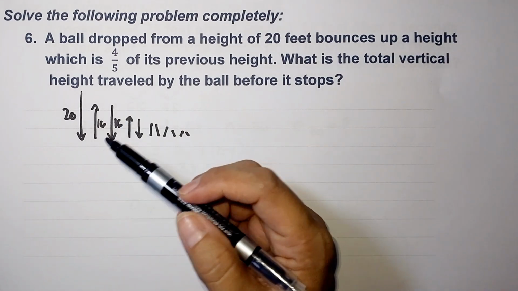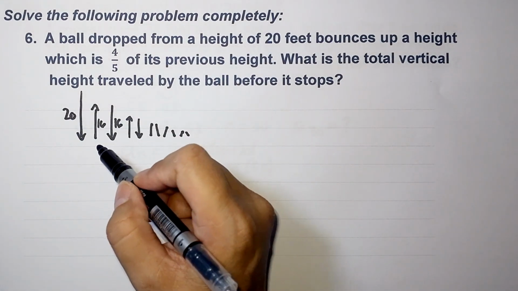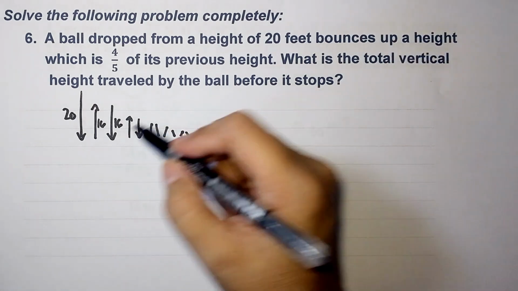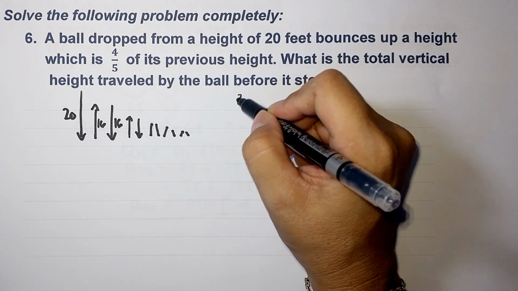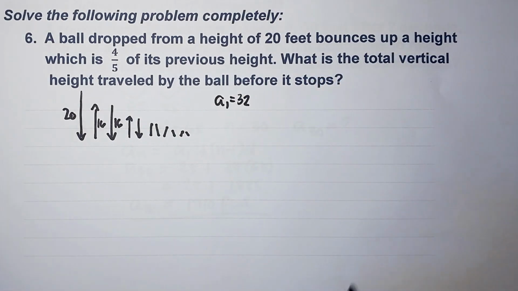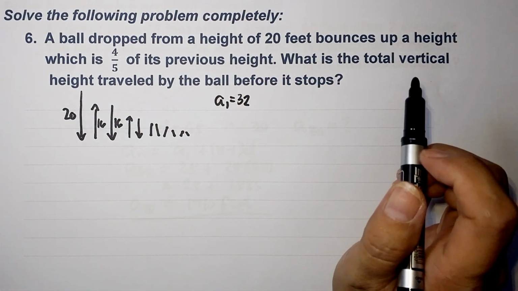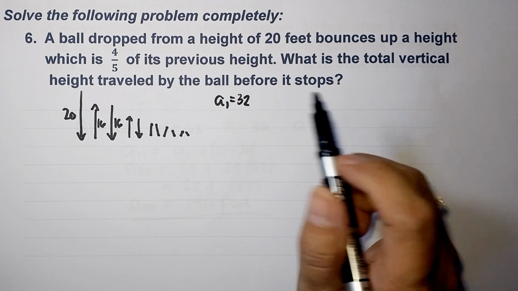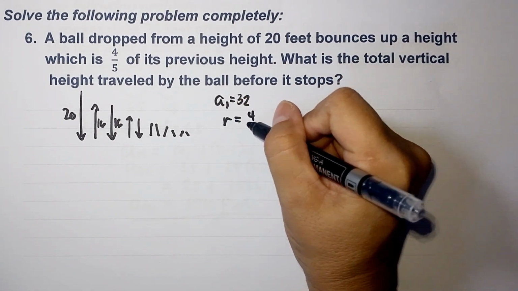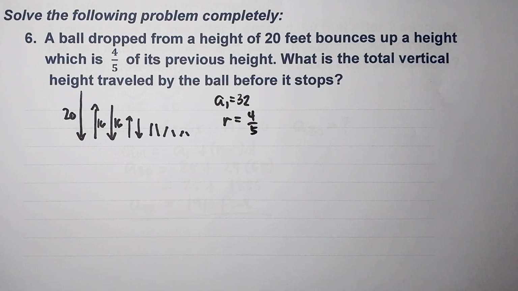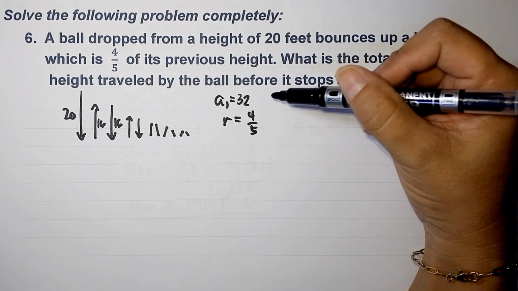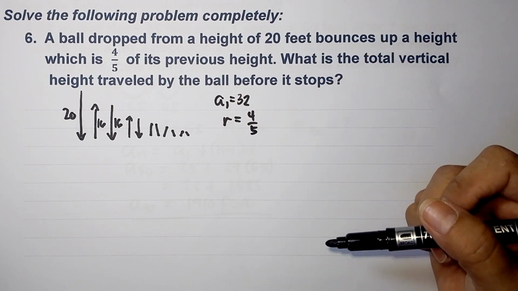Now, what we will do is to separate this 20 and treat this 16 and 16 as our first term. Actually, 16 plus 16 is 32. That should be our first term. A sub 1 equals 32. And since the height is decreasing by 4/5, that means the common ratio is 4/5. So, to find the sum of an infinite geometric series, it is enough that we know the first term and the common ratio.